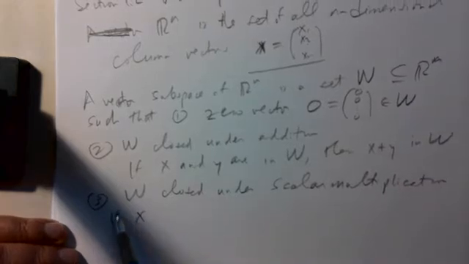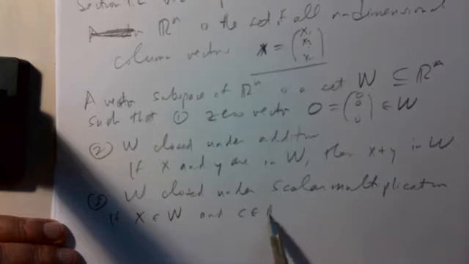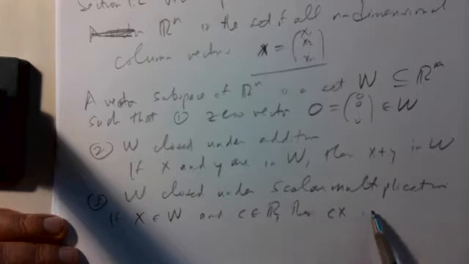So if X is a vector in W and C is a scalar, a real number, then C times X is in W.